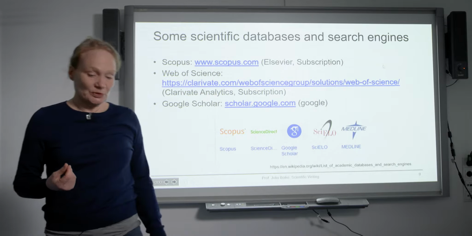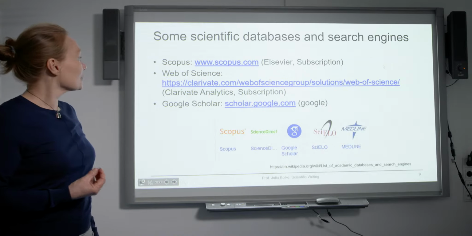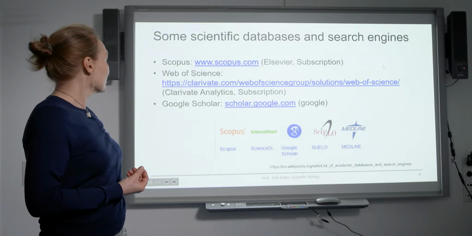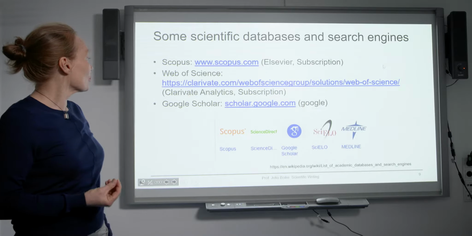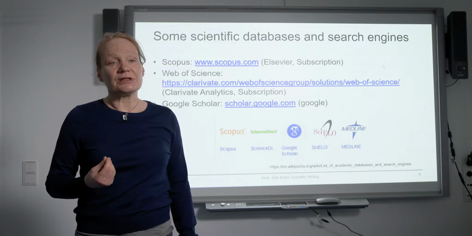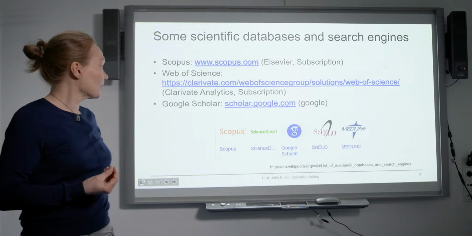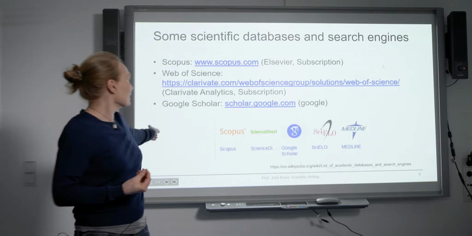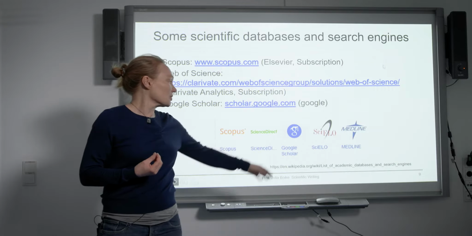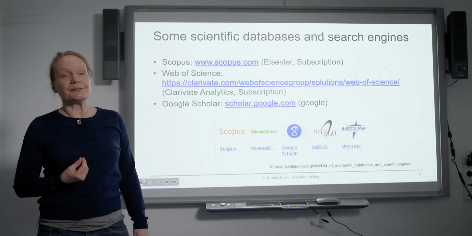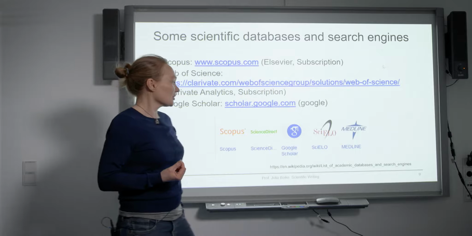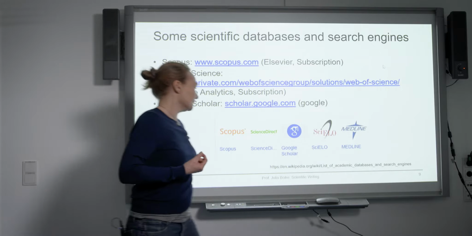So there's a difference between the searches, the search potentials between the databases, Scopus or Web of Science or Science Direct. You need access somehow, so you have to pay for it, whereas Google Scholar is for free. And here are some more options. It varies also between the scientific disciplines where people look. For example, there's one just for medicine, Medline.